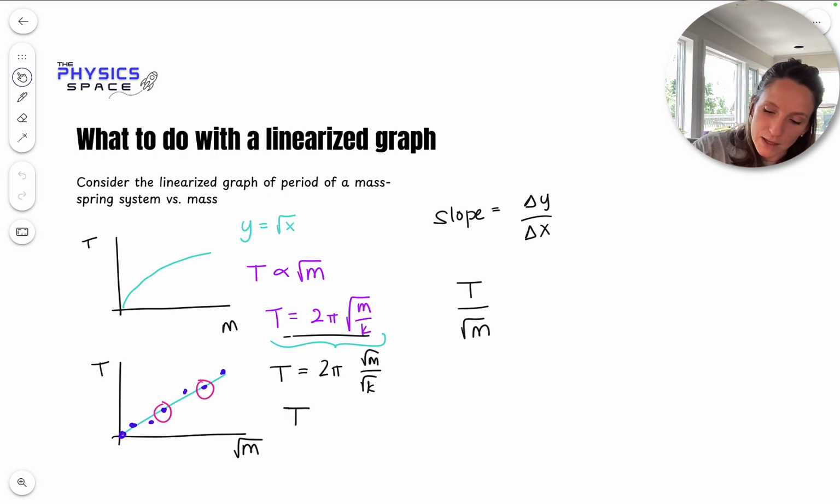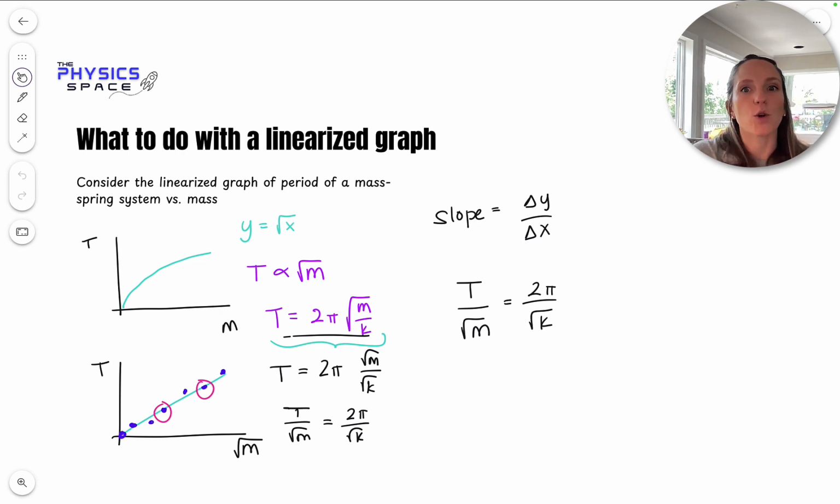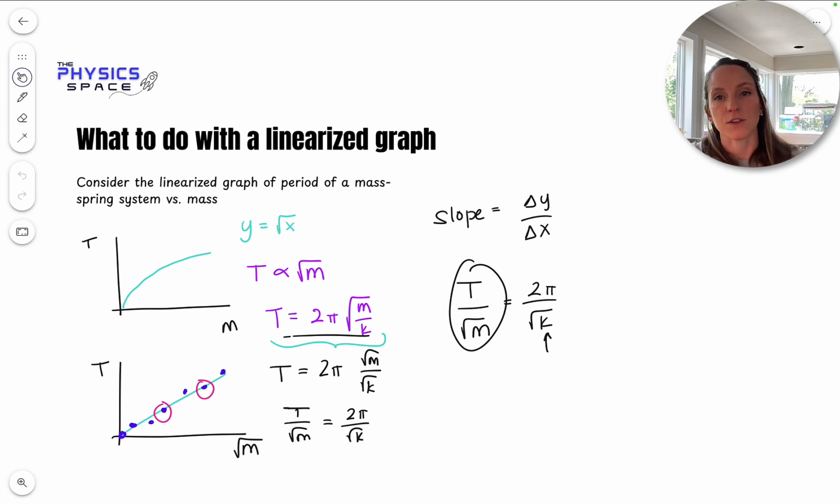So T over the square root of m is equal to 2 pi over the square root of k. All right, so where that's going to help me here is I could be asked something like, again, I want to know what the spring constant is for this situation. If I have my slope, I now have a way to solve for the square root of k. All right, so that would help me get the spring constant for this situation.